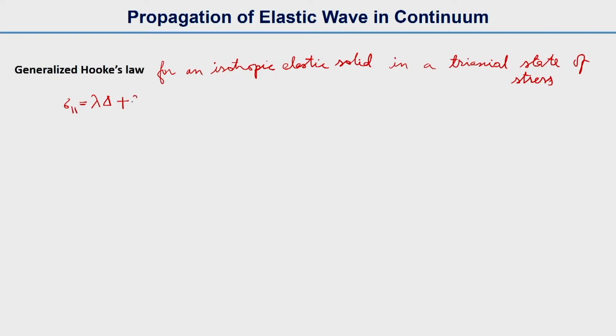I will tell you what these symbols mean. Similarly, sigma 2 is lambda delta plus twice mu epsilon 2 and sigma 3 is lambda delta plus twice mu epsilon 3.